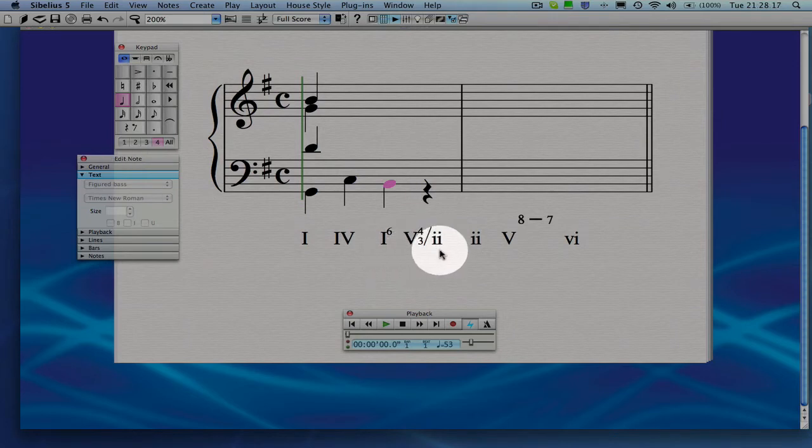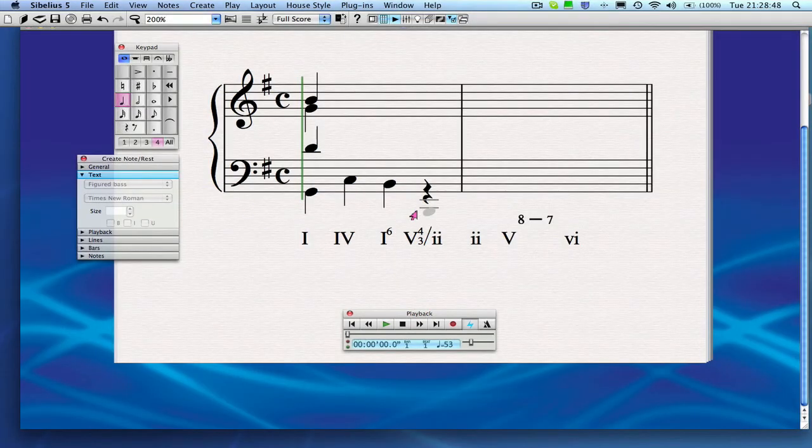So we have an applied dominant here. 2 in the key of G is A, C, E. And its applied dominant is E, G sharp, B. Because the figured bass is 4-3, we know that this is going to be E, G, B, D, a dominant 7th chord. And the 4-3 tells us that it's going to be in second inversion.